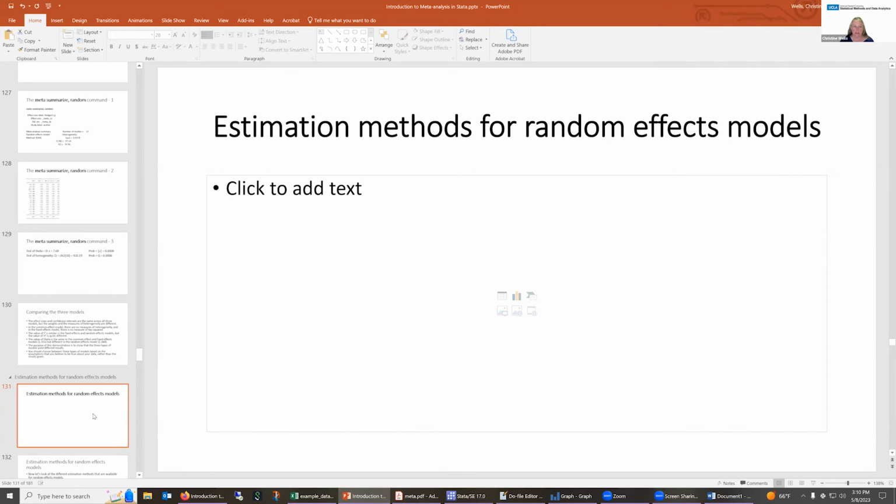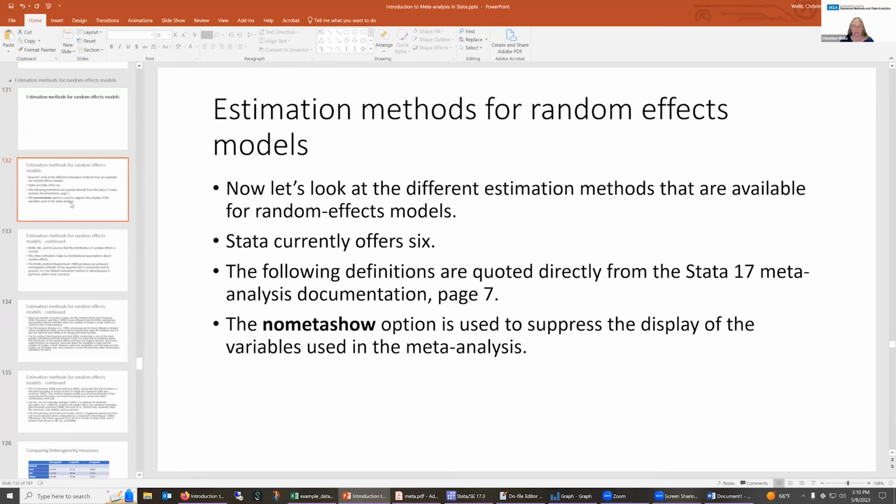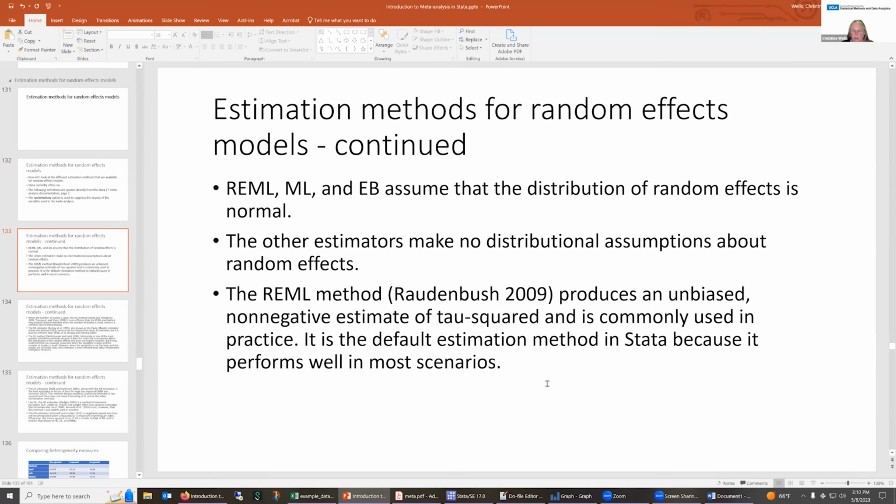Let's see here. Estimation methods for random effects models. Stata currently offers 6 of these. I took very heavily from the Stata documentation because where else was I going to get this kind of information here? I'm going to go through this terribly quickly so we can get on to other stuff here.